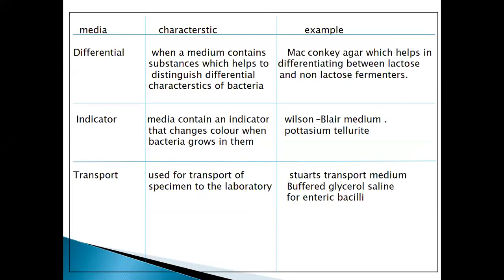Then you have got a differential media. When a media contains substances which help to distinguish different bacteria, that is called differential, very, very important, MacConkey's agar.